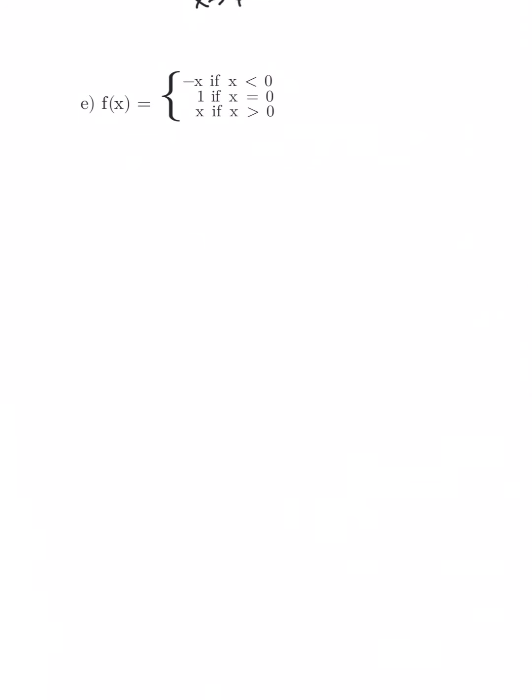On example E, we have a 3-row piecewise function, and this one's a little different. The top row uses the function negative x for x's that are less than 0. It is telling us that y equals 1 if x equals 0. And our third row uses the function y equals x for x's that are greater than 0.